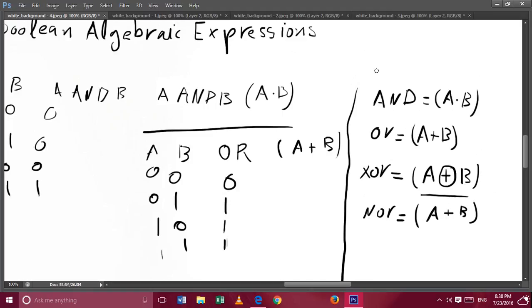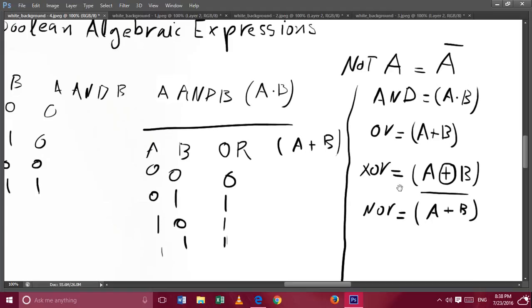Maybe I should have told you that this is NOT. If I have A, then this is not A, or A bar. So if this is 1, A bar will be 0. That's NOT, which is A bar.